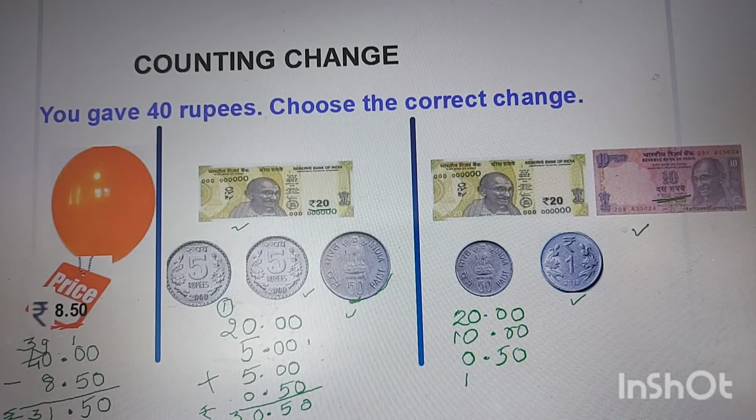So I need to write as 1.00. Let's add up. So what we have is, this is 0, this is 5, this is 1 and 2 plus 1, that is 3. So where it matches? Yes. So where should I put a tick mark? That is at the second option, right?